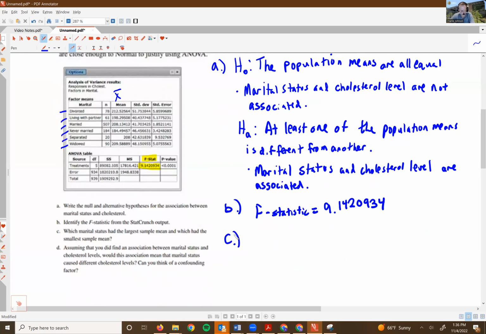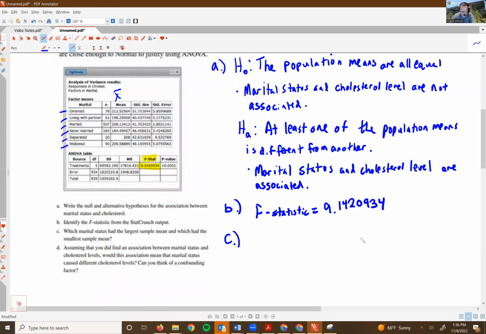C, which marital status had the largest sample mean and which had the smallest sample mean? So we look here, and divorced was 212, living with partner was 198, married was 208, never married was 184, separated 208, and widowed 209.